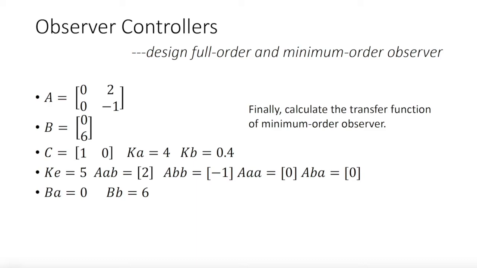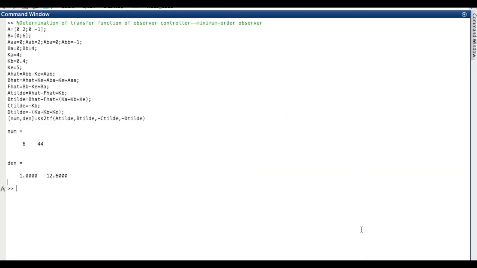And the final stage is finding the transfer function for this minimum order observer. The transfer function will be calculated using the function SS2TF of these new A, B, C, and D matrices.